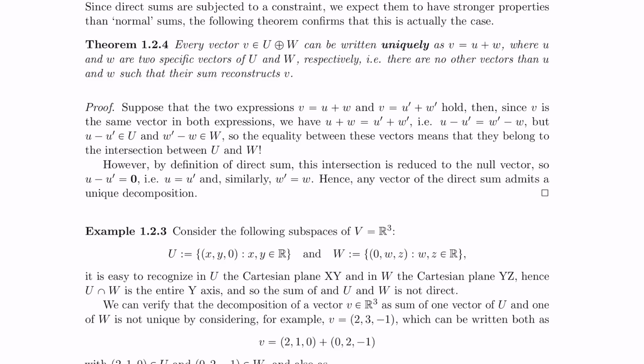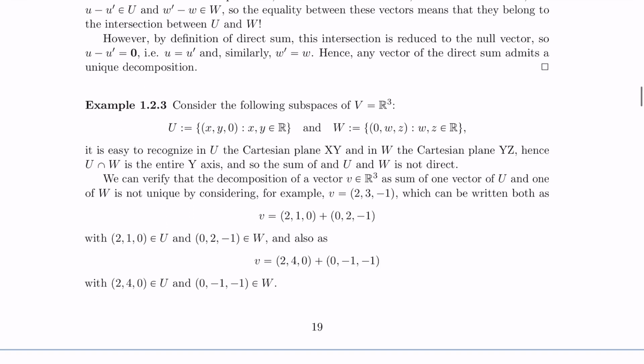However, before discussing it, I want to show you what happens when we don't have a direct sum of vector subspaces. Consider the three-dimensional real space R3 as our vector space V, and then consider the subspaces U and W defined like this.